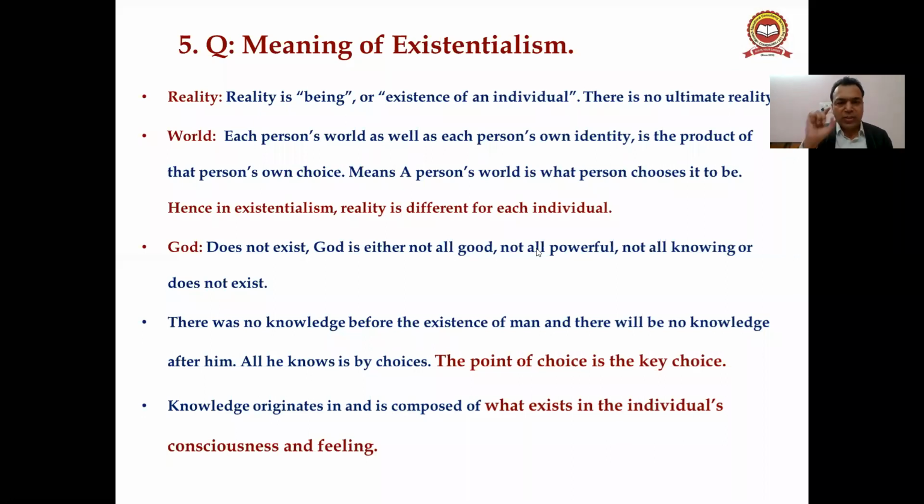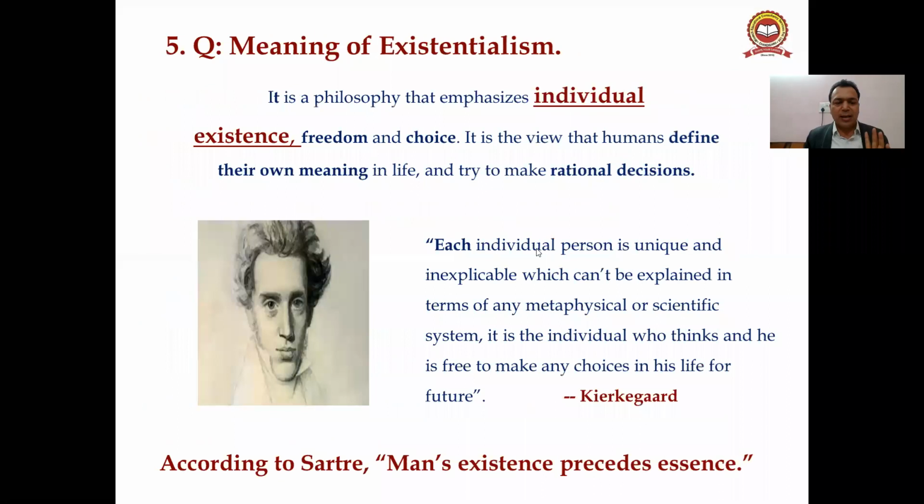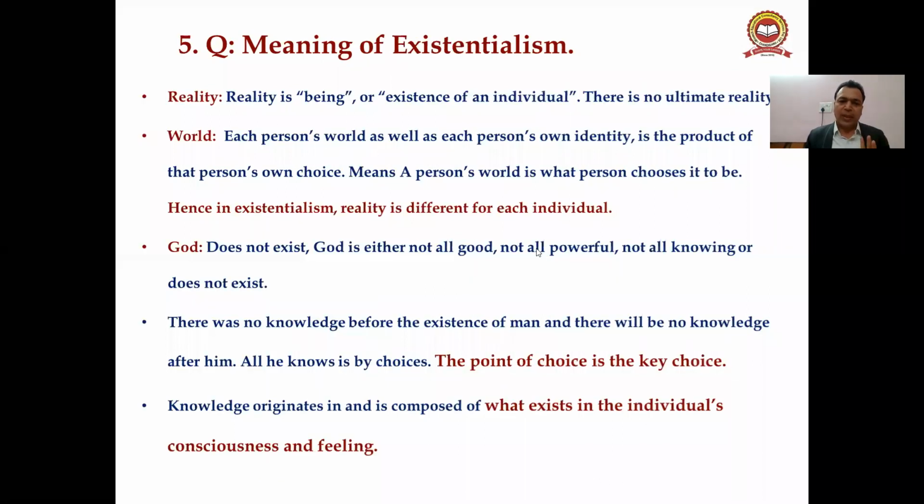The founder of this philosophy is Soren Kierkegaard. This philosophy says that there was no knowledge before the existence of man, and there will be no knowledge after him. All he knows is by choices. The point of choice is key.